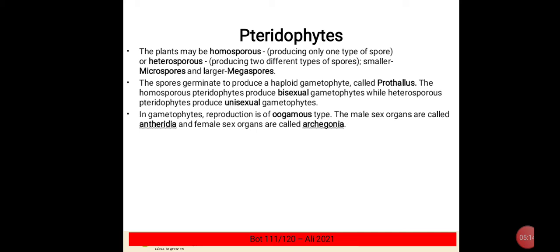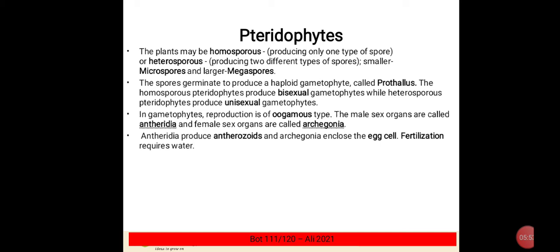This means there are male sex organs and female sex organs. The male sex organs we call the antheridia, while the female sex organs we call the archegonia. We'll come to see the composition of the antheridia and the archegonia. But I can introduce to you that antheridia are the male structures of a gametophyte, while the archegonia are the female structures of a gametophyte.